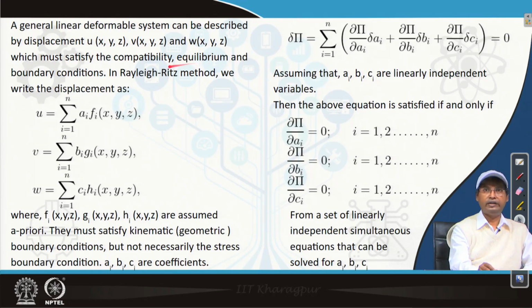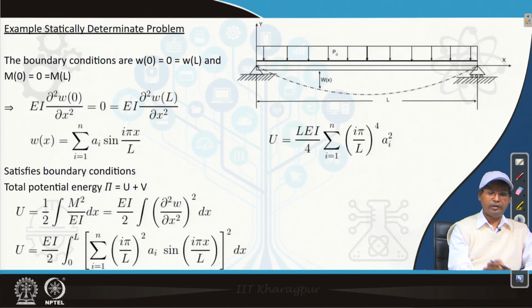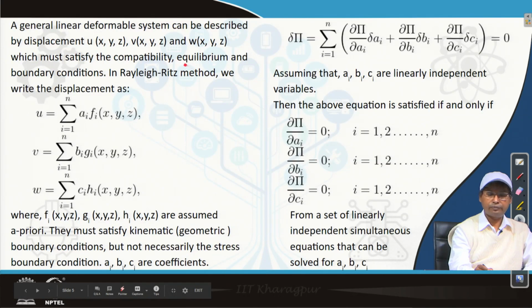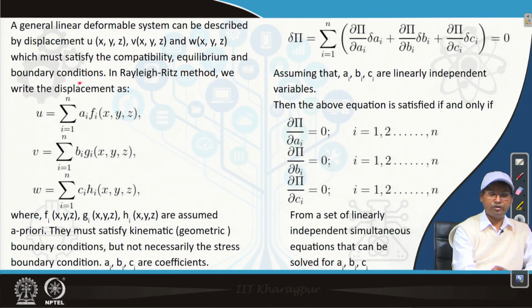Equilibrium, definitely it has to maintain equilibrium. Equilibrium equations we will do in the 5th week class. Compatibility is probably covered in the 6th week class, and boundary conditions. In the Rayleigh-Ritz method, definitely the boundary conditions have to be satisfied.